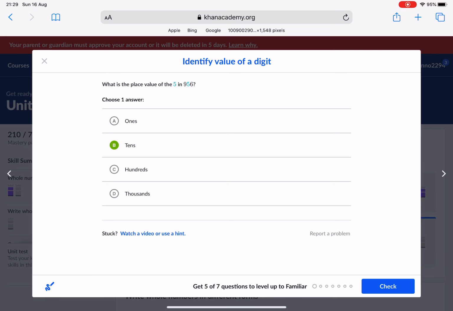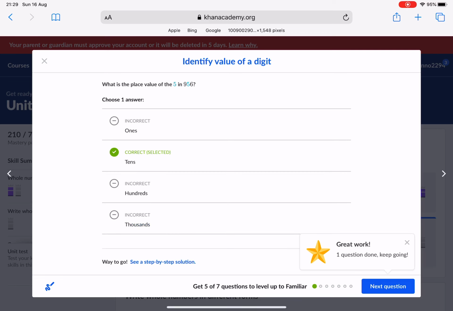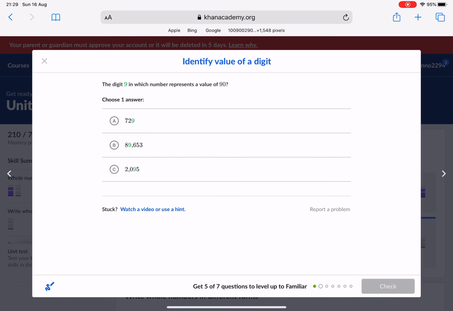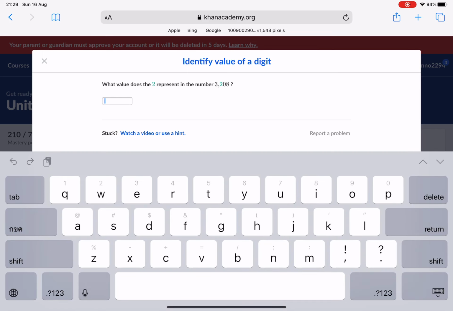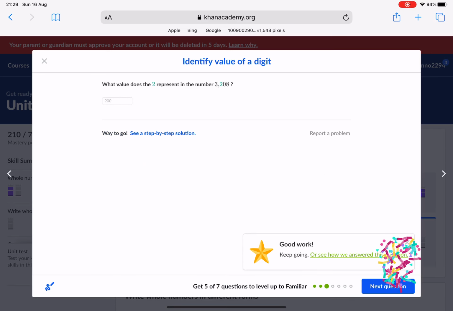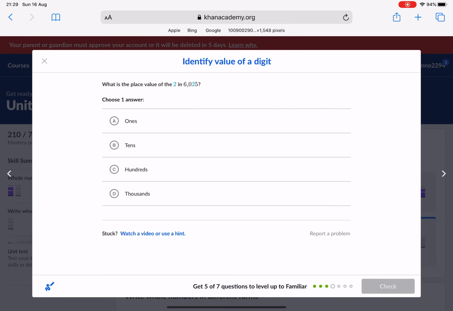We're going to press B to check it is correct. Now the digit 9 represents 90, it has to be the 9 in the second place, which is C. Yep. What is 2 in the third place represented as? 200. If you just slide down and get that and check, I'm correct.